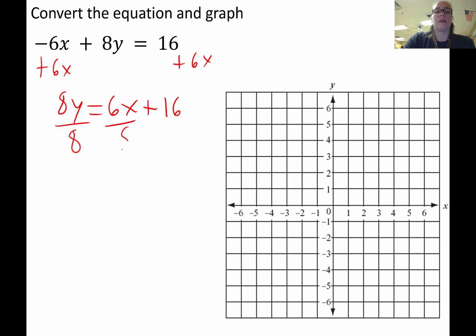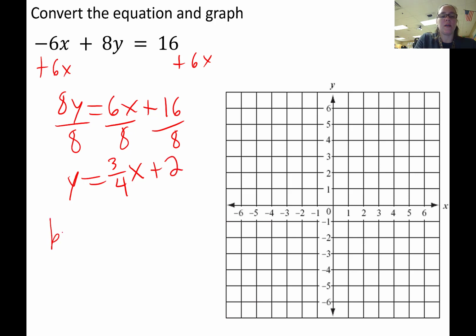Divide everything by 8. And I get y is equal to, well, 6 and 8 don't divide nicely, but they do simplify to 3 over 4 x, and 16 divided by 8 is 2. So I have a y-intercept, or a b, of 2, which is the point (0, 2).